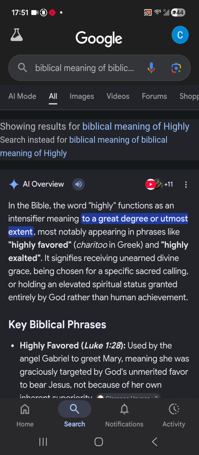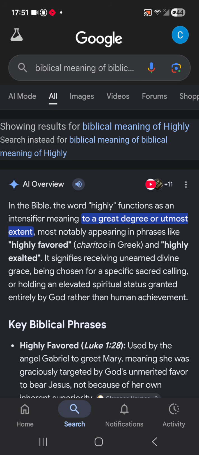An intensifier, meaning to a great degree or utmost extent, most notably appearing in phrases like highly favored and highly exalted.